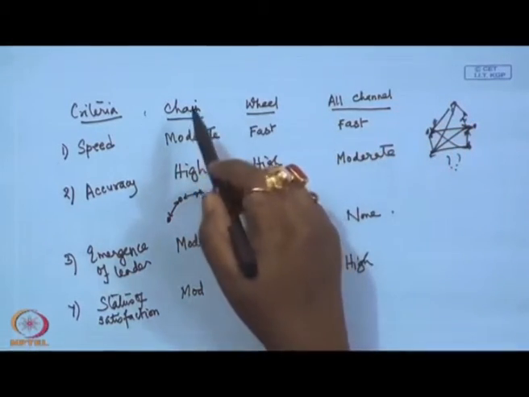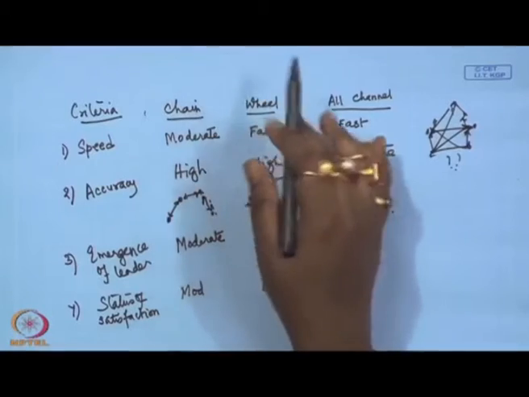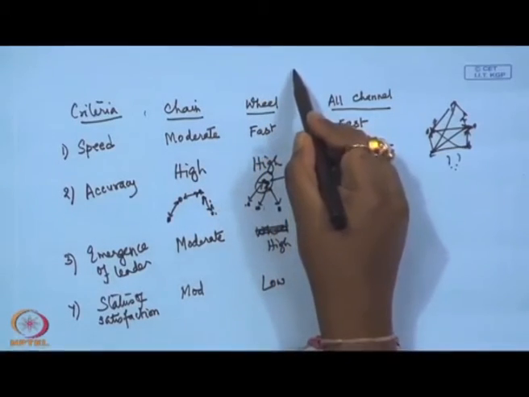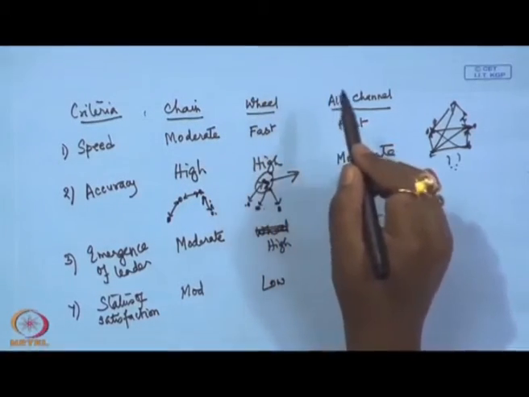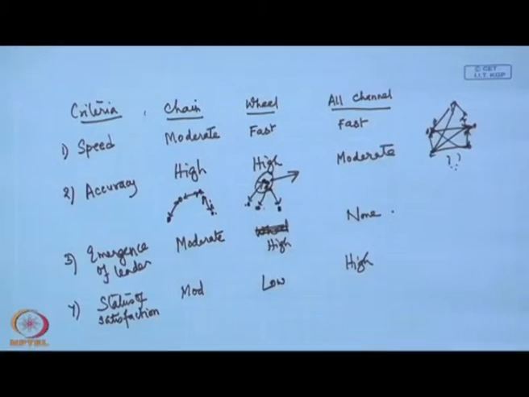So these are the small group networks and how the communication process is effective in these small group networks.